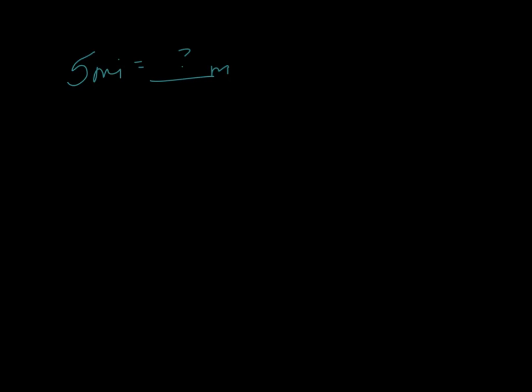This time, I want to go from 5 miles to meters. And so this one is going to be a combination of both the metric system and our conventional units. So the first thing you have to do is write down what you have. So I've got 5 miles. And then I have to come up with a plan. So I know that 1 mile, this is off the stuff that I gave you in class, is equal to 5,280 feet.